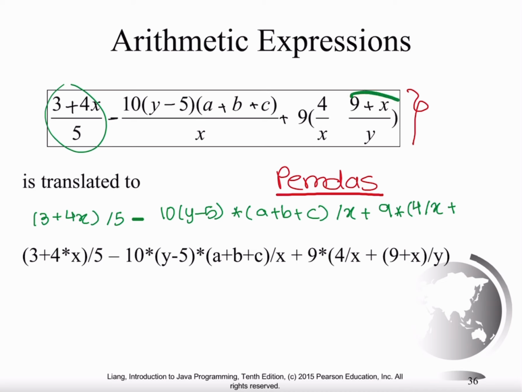Here we do have 2 terms, so we do need to use parentheses, divided by y, and then close this parenthesis, which contains all that needs to be multiplied by 9. When the compiler actually solves this equation, it will use the order of operations. That's why when we write an equation, it's extremely crucial for us to write it in the right order.